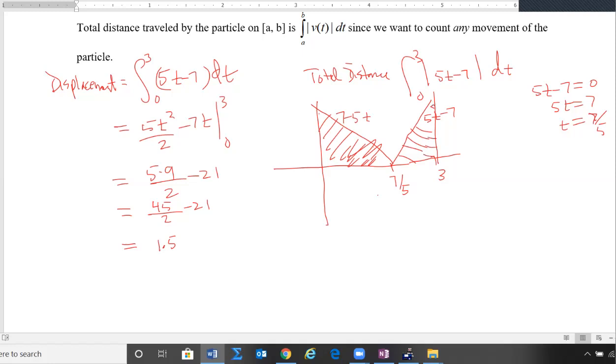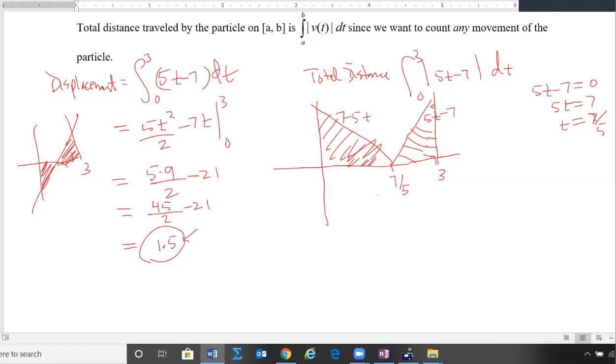So this function over here, 5t minus 7, you're integrating that, and you're getting some negativeness in here as well as some positive, and then they average out and give you that total 1.5. Some of that's negative, some of that's positive, but the net result is 1.5.